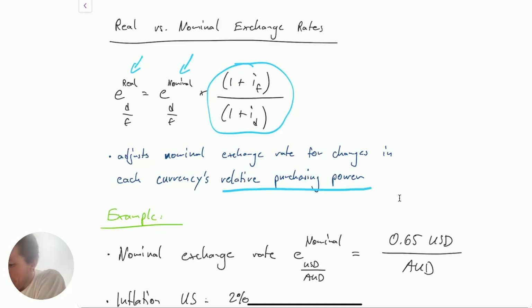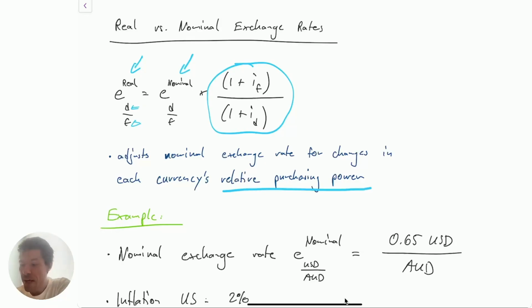Very important terminology. We have two currencies, currency D and currency F. Sometimes we say domestic or foreign. It doesn't really matter, because if you look at other currencies where you're not located in one or the other countries, it doesn't matter.